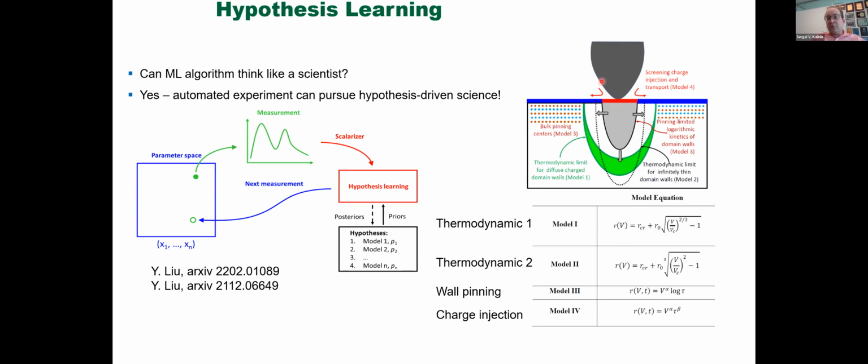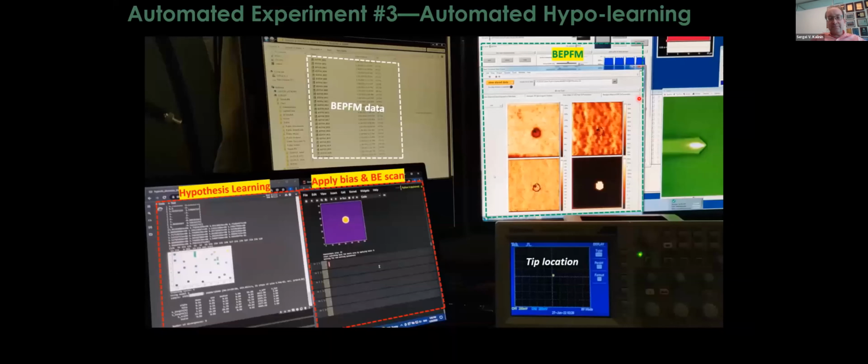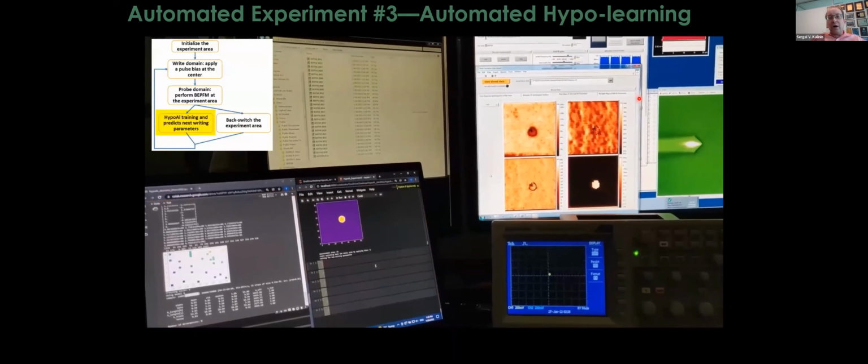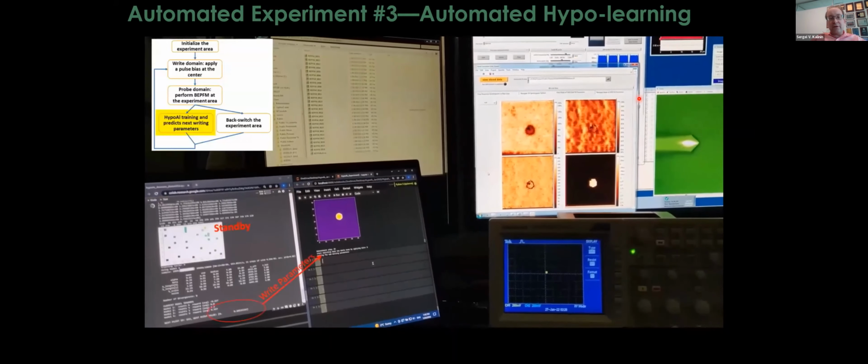So we studied the same toy model of the tip-induced polarization switching. We know that there are several competing hypotheses about what can limit the switching performance. It can be either thermodynamically limited, or limited by the pinning, or limited by the charge injection. So these are our hypothesis space. This is the video of how this process works in real time.